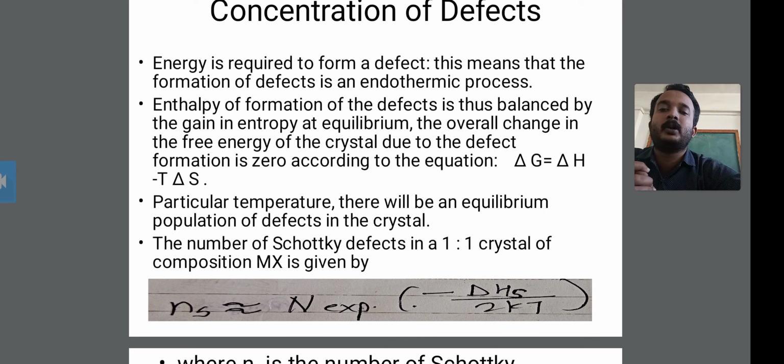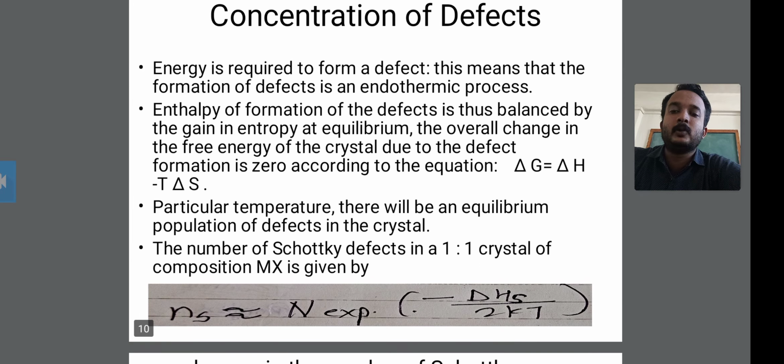The number of Schottky defects is denoted as small n s, and it applies to a 1:1 crystal of composition MX. It is given by n s is approximately capital N exponential of minus delta H s upon 2 k T. Okay, this is the formula for the number of Schottky defects.